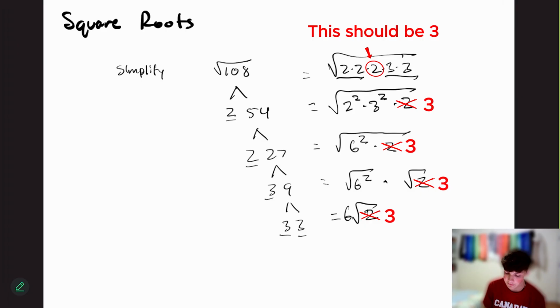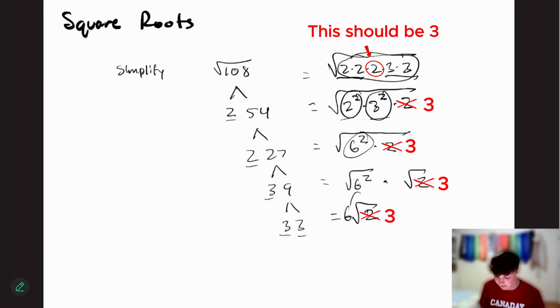So now we've simplified the square root of 108 into something much simpler, 6 times the square root of 2. To review the technique: we found the prime factors, found all the pairs, and combined the pairs into one square. So instead of 2 squared times 3 squared, we got 6 squared, and the square root of 6 squared is just 6.